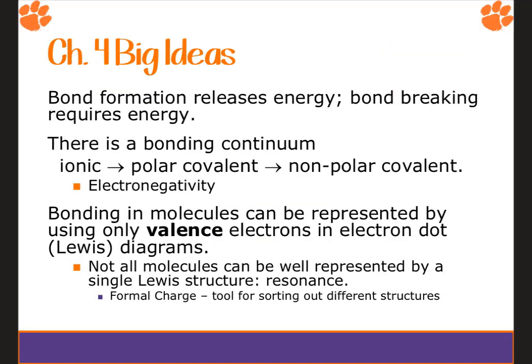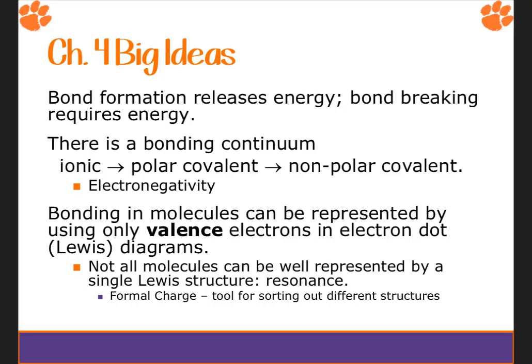So that about does it for chapter 4. Again, there's a lot of information, but it's going to be really powerful to help you think about these structures. When you make bonds, you release energy. When you break bonds, you have to put some energy in. Not all bonding is created equal. Something that is ionic has pure charge separation, cations and anions, pluses and minuses, complete transfer of electrons.